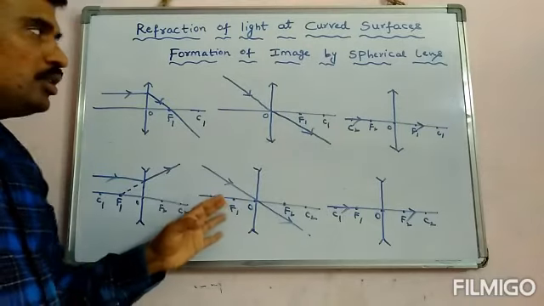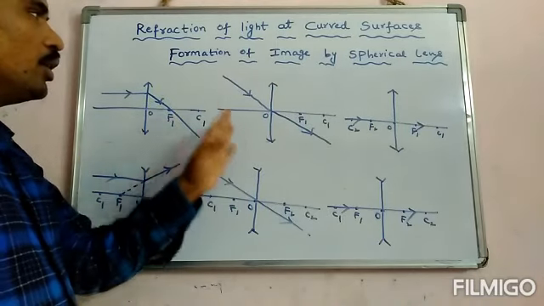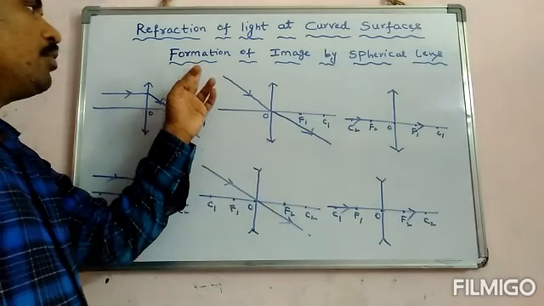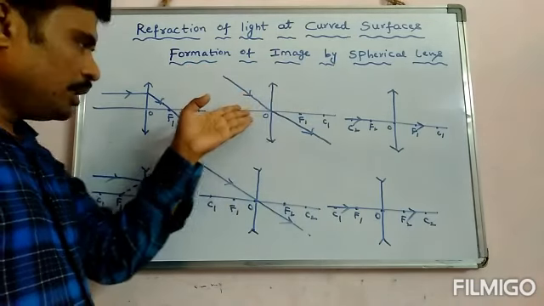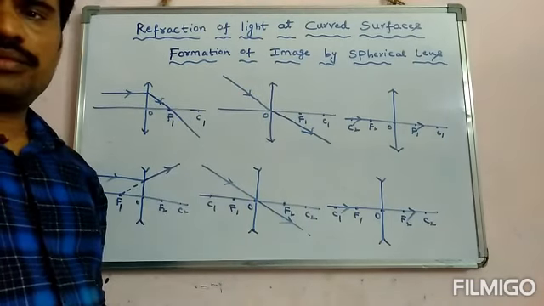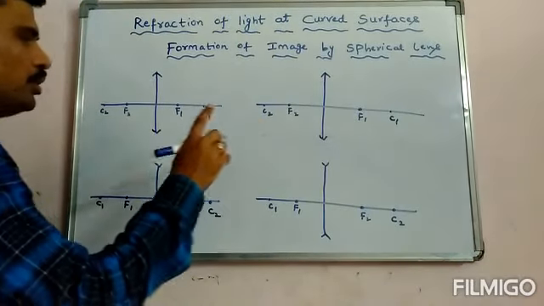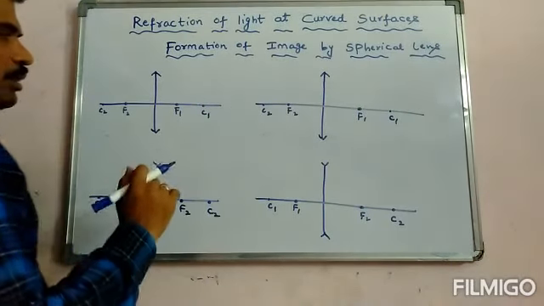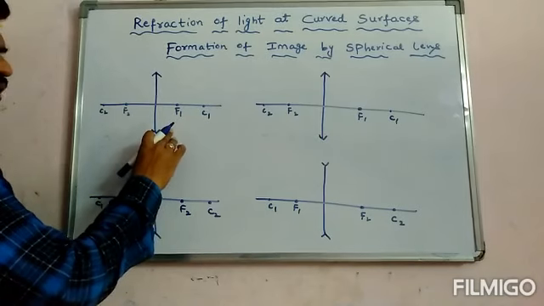So these are the rules which will help us to draw the ray diagrams for formation of image by these spherical lenses. Now let us see some more rules. Now here you can see convex lens.